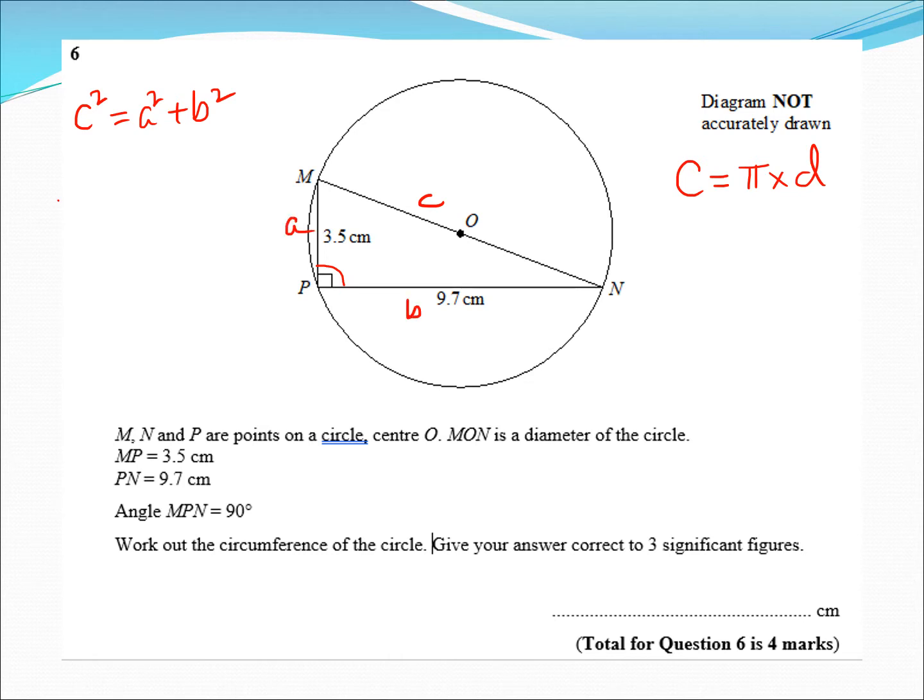So we're going to do c squared equals 3.5 squared plus 9.7 squared. Right? Let's see what we get there when we simplify that. So 3.5 squared equals 12.25, plus 9.7 squared is equal to 94.09.